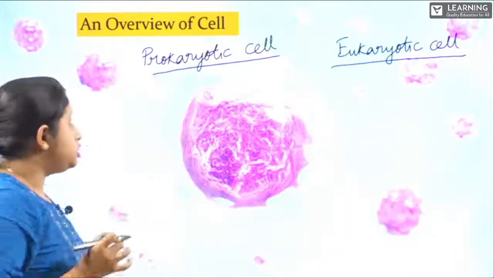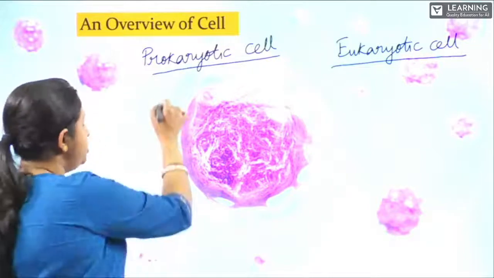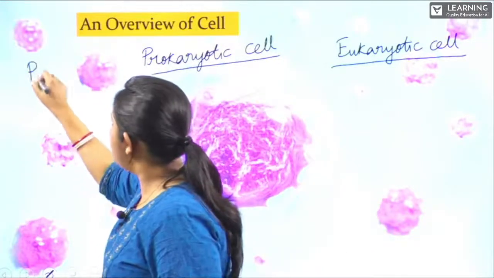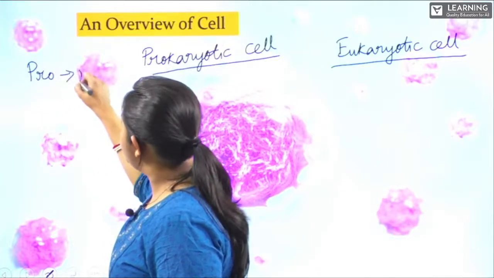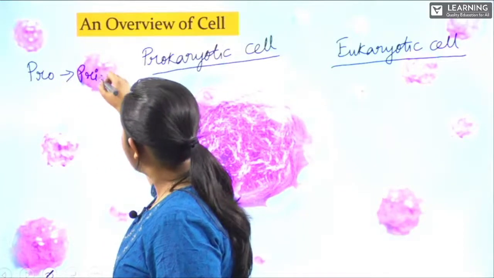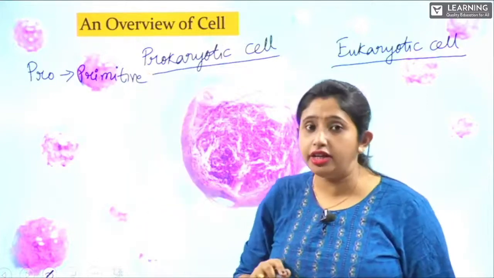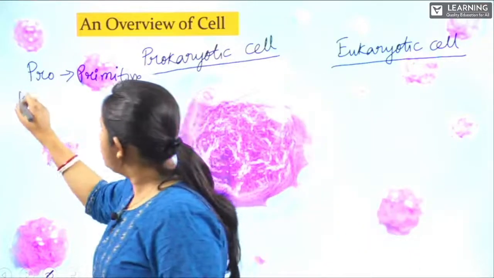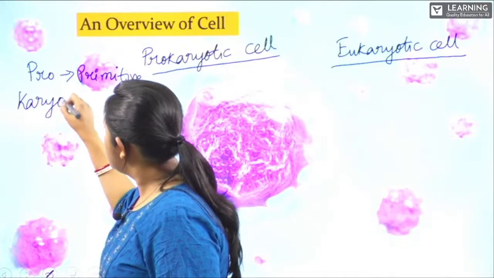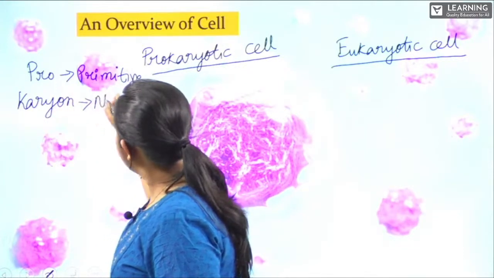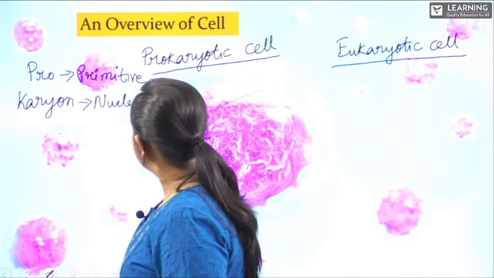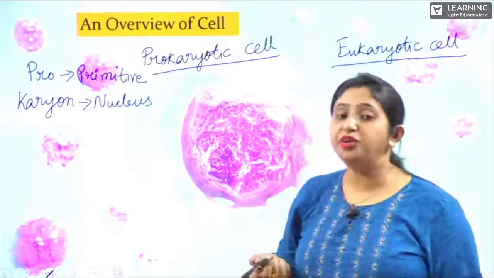Now, what do you mean by this pro? Pro means primitive. And what do you mean by karyotic or karyon? Karyon means nucleus. So they have got a primitive nucleus.